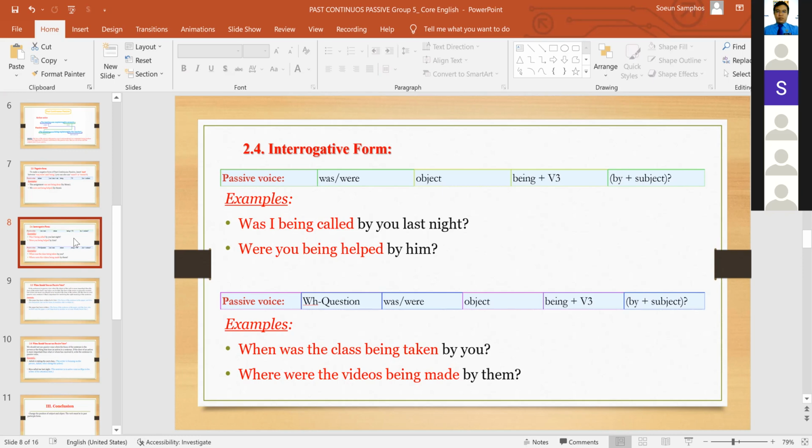And in the passive voice WH question: WH word, was, were, object, being plus verb 3 plus agent and question mark. Example: when was the class being taken by you? And the second one: where was the video being made by them? Next slide.